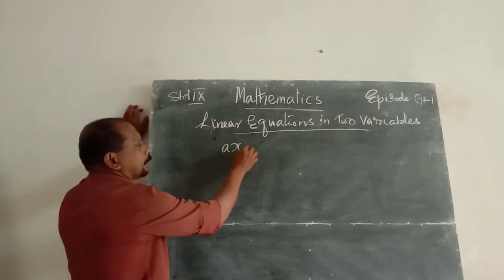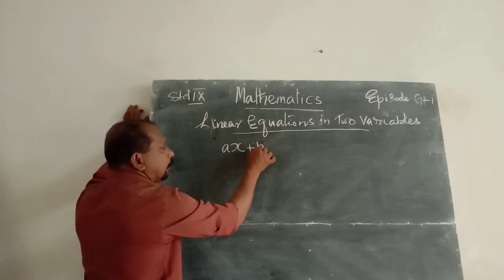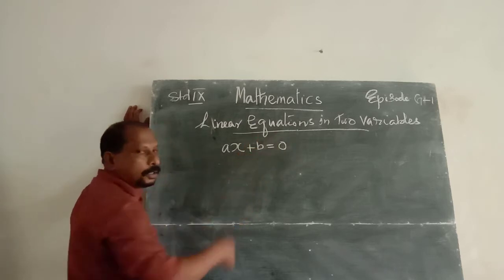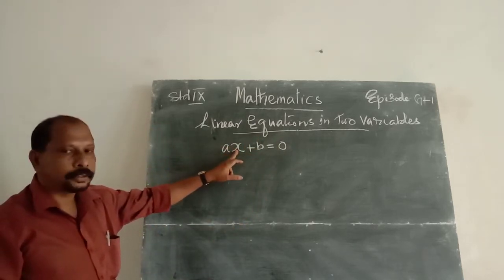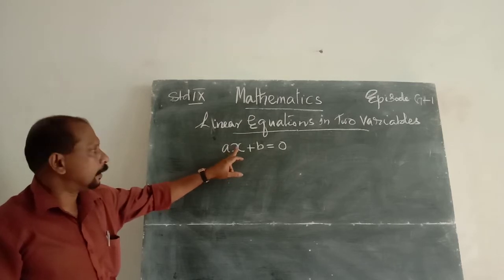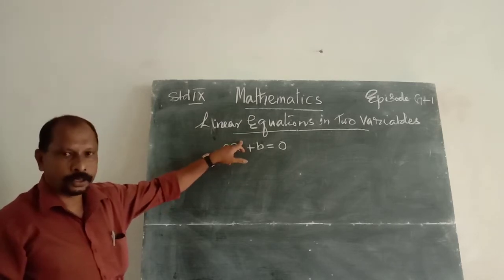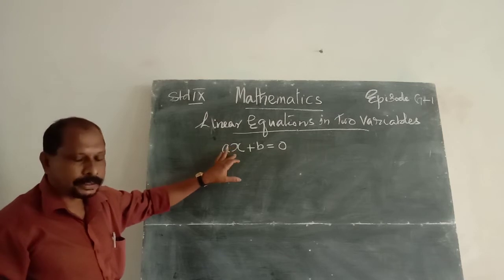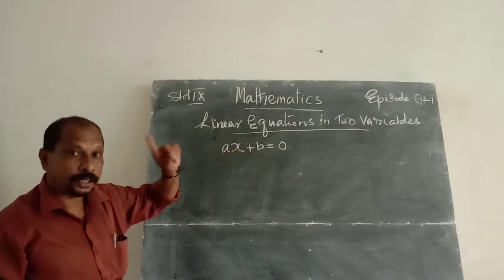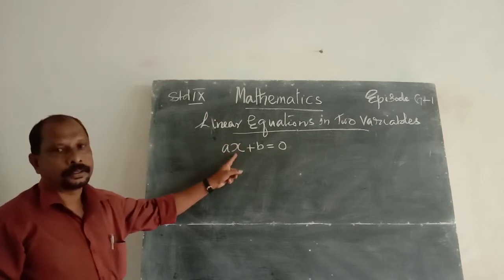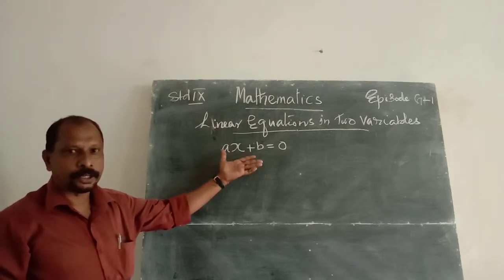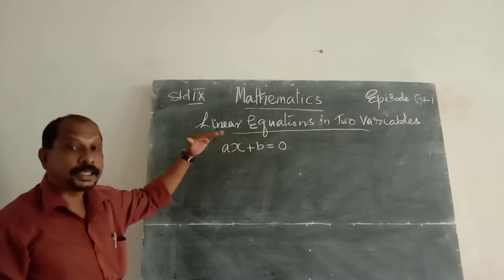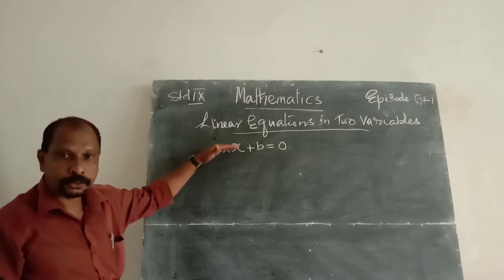Then ax plus b is equal to 0. That is an equation. And we know that the power of the variable x is equal to 1. Therefore, this is the first degree equation in one variable, that is x. Therefore, ax plus b is equal to 0 is the general form of this equation.